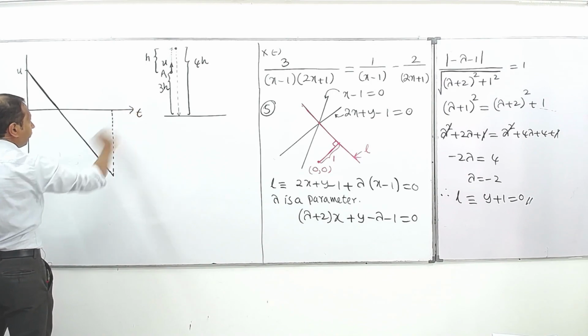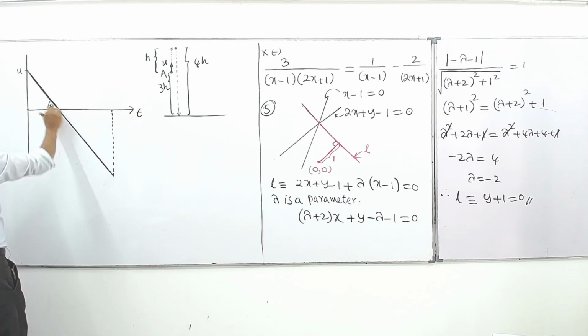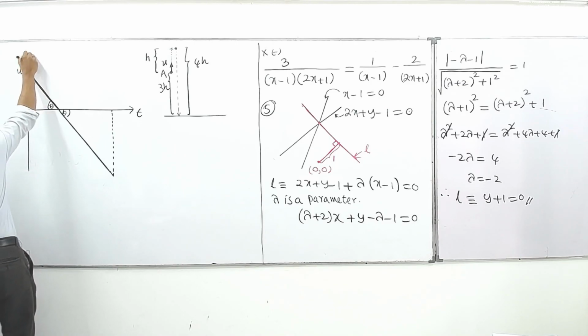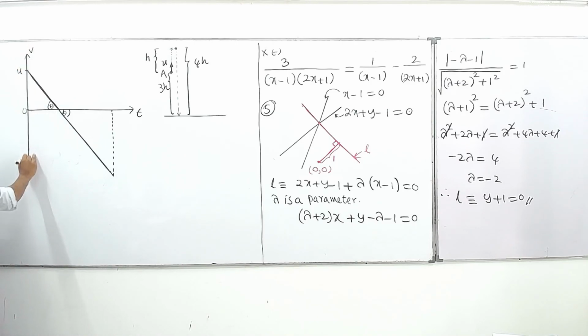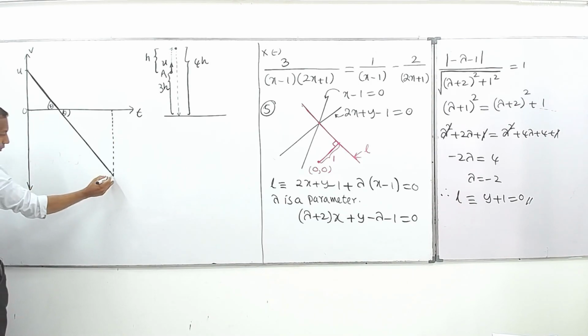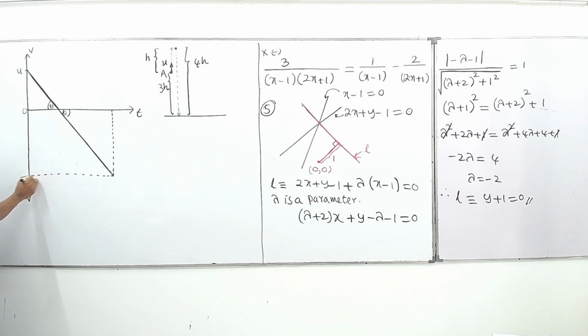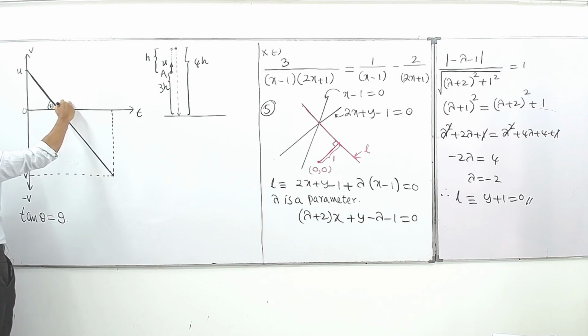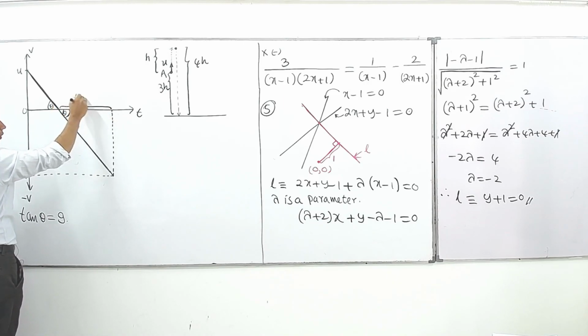If this is theta, this is also theta. Here O, velocity axis positive, velocity axis negative. We need to find this velocity. Suppose minus v. This tan theta, you know, people, is g. Let us take this time as t1.